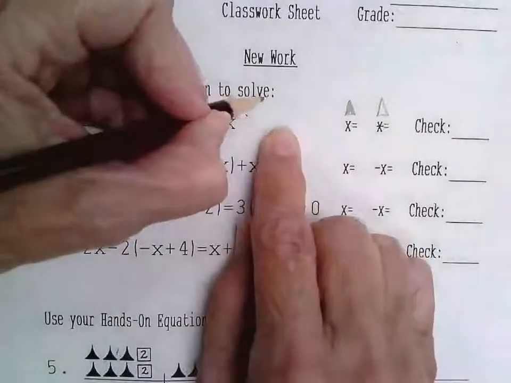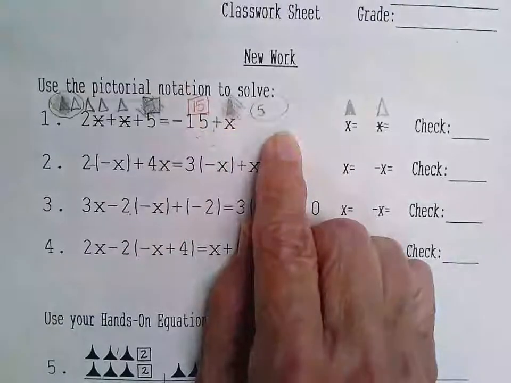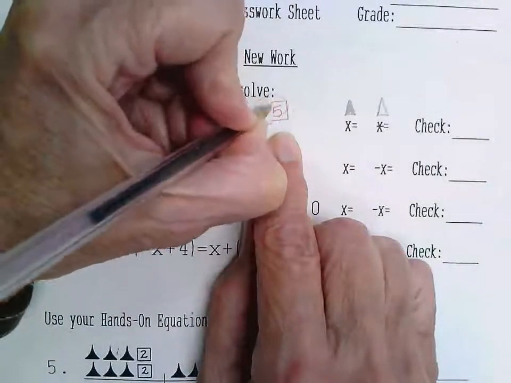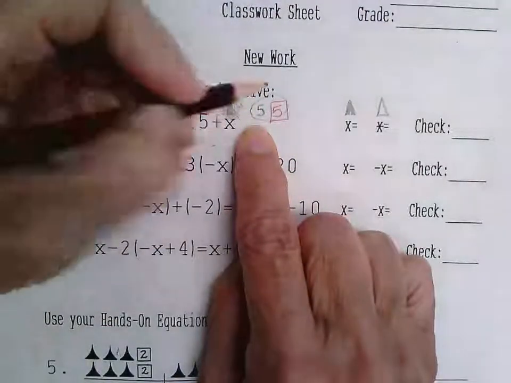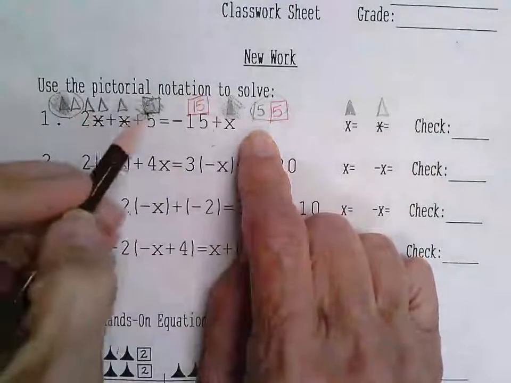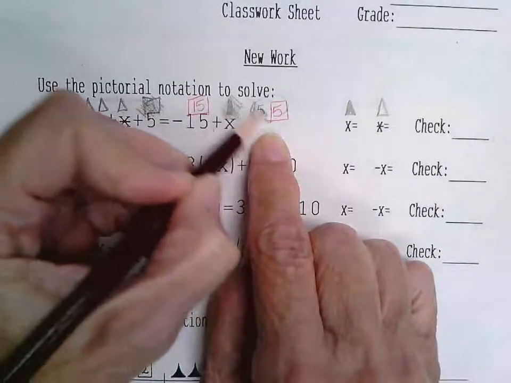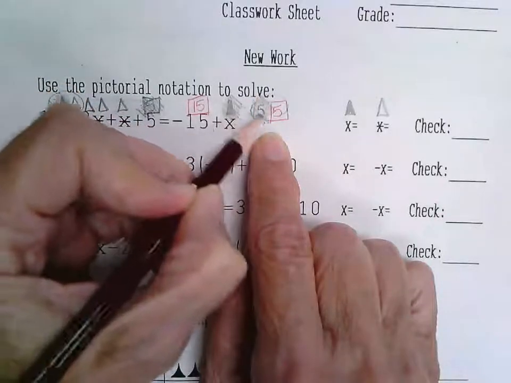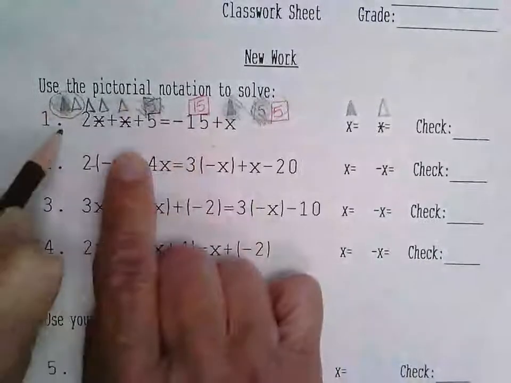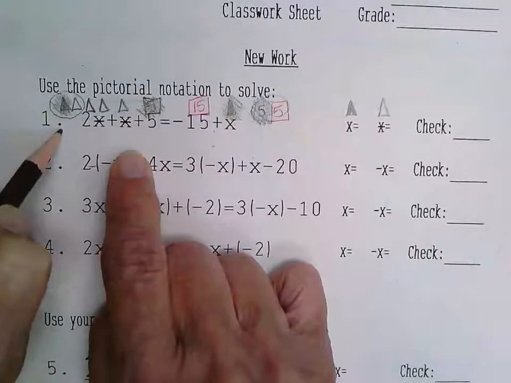So I'm going to add a 0 pair again, and it's going to be a green 5 or just a regular 5 and a negative 5. So now I have a 5 block I can pull down. So I'm going to lightly shade it in. And then I'm just left with numbers on the right and pawns on the left. And that's what I like when I solve an algebra problem.